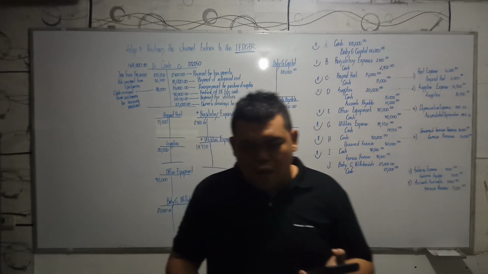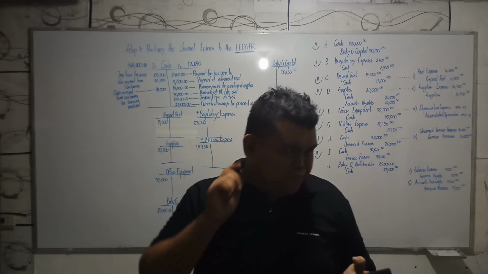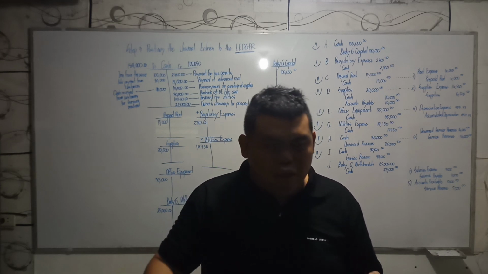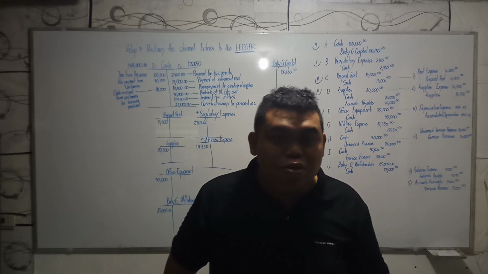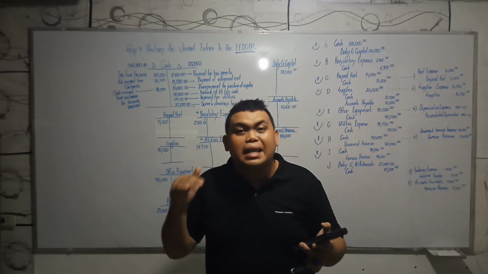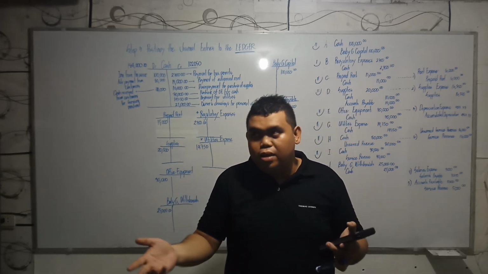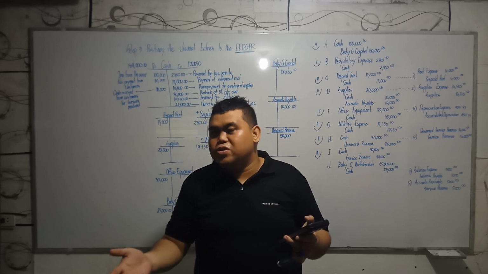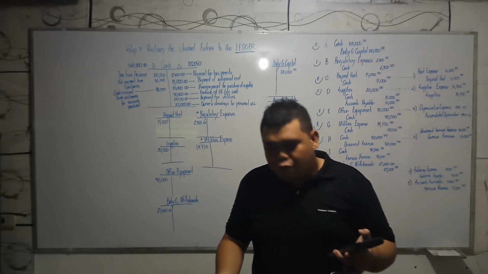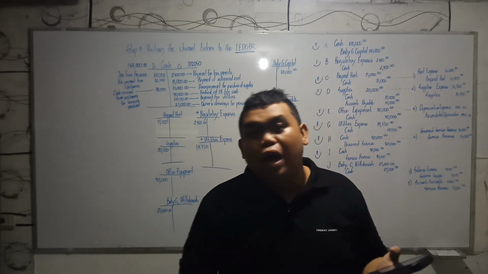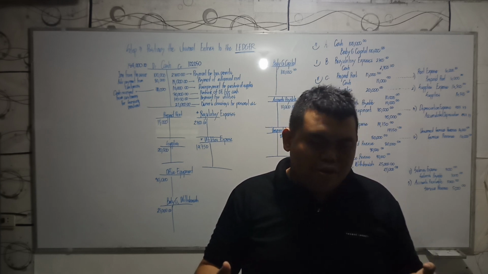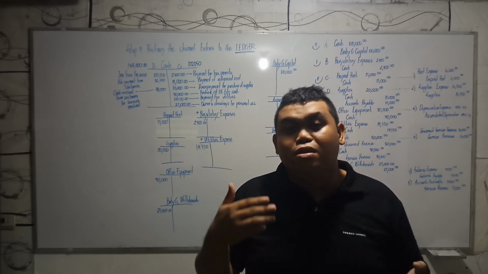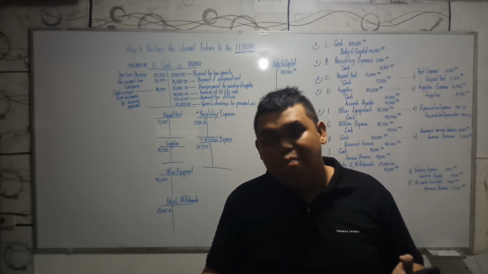Okay? But there are times also that it is really negative. It is because you have given a lot of checks to your customers even without the proper amounts or without the sufficient balance in the bank. So it could be something like that. It's called an overdraft. Okay? However, mostly, if you have a negative cash balance, then there is a big possibility that you got the recording wrong. Okay?